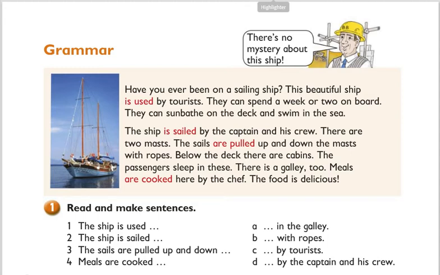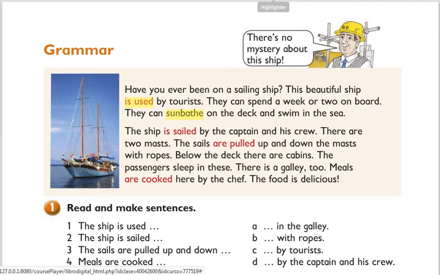Have you ever been on a sailing ship? This beautiful ship is used, so is used is passive, by tourists. They can spend a week or two on board. They can sunbathe. Okay, so sunbathe is to sit in the sun on the deck and swim in the sea.